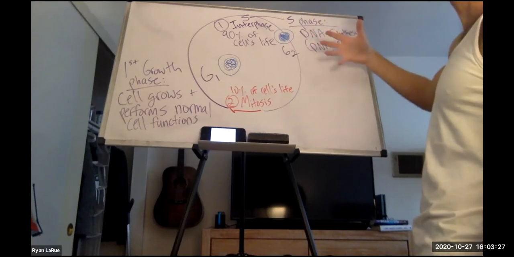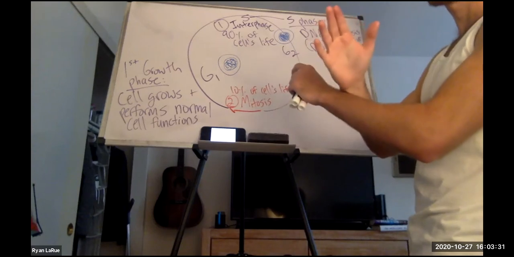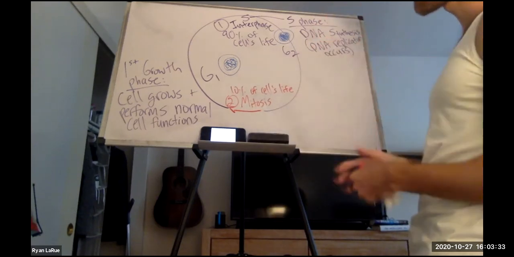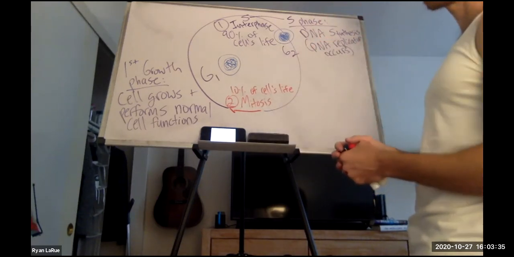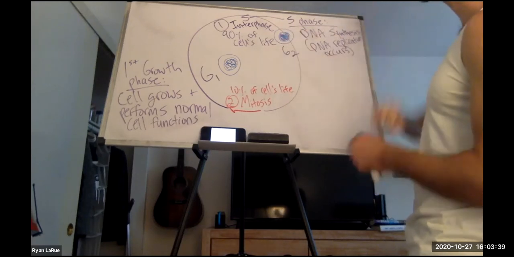We have twice the amount of DNA. So you're going to immediately see those X-shaped chromosomes with sister chromatids.